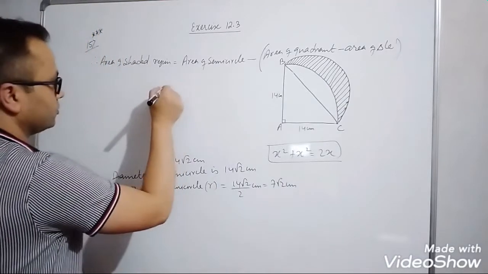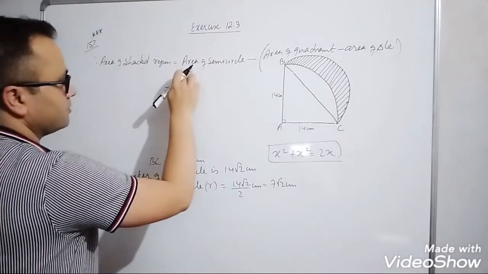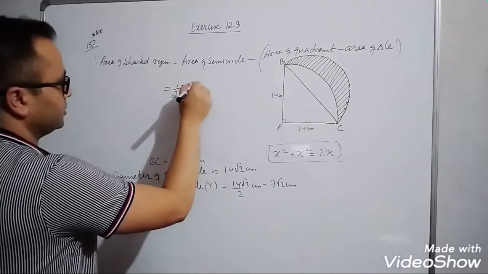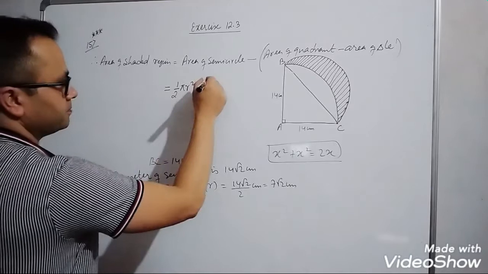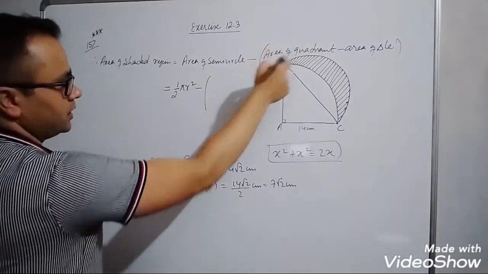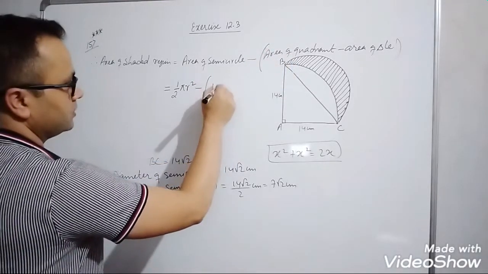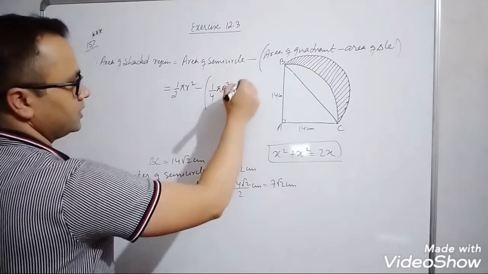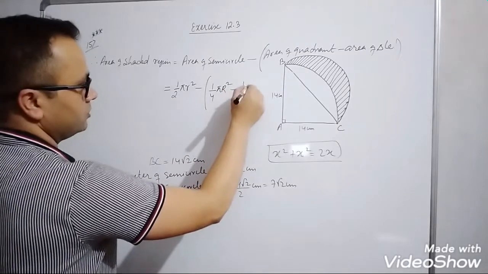So this equals to, area of semicircle formula is 1 by 2 pi r square. Inside the brackets, the area of quadrant is 1 by 4 pi capital R square minus area of triangle is 1 by 2 into base into height.